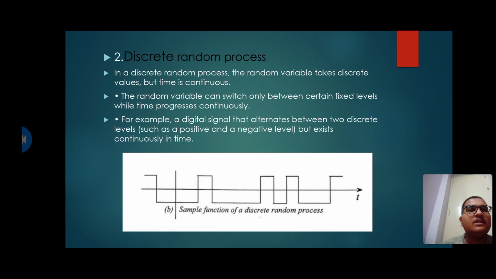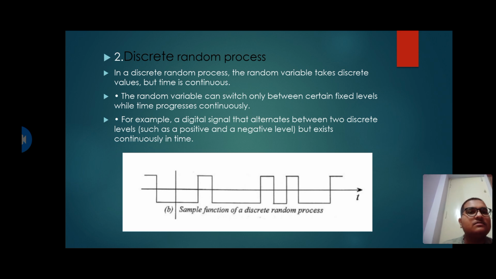For example, a digital signal that alternates between two discrete levels, such as positive and negative, but exists continuously in time. Let us consider this diagram.